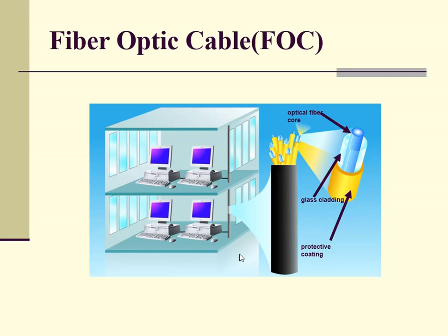The light source is used for converting electrical signals into light signals. An LED or laser diode can be used as the light source, and a photodiode or phototransistor can act as the detector. Very high speed data transfer is possible with a fiber optic channel. They are very expensive.